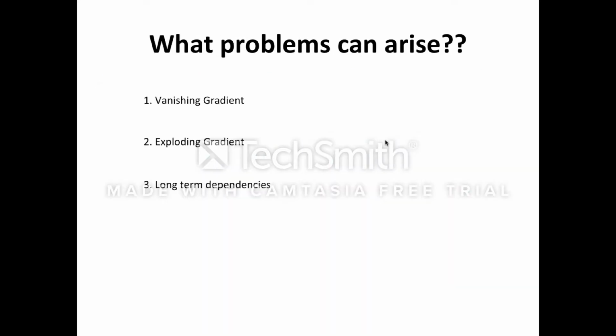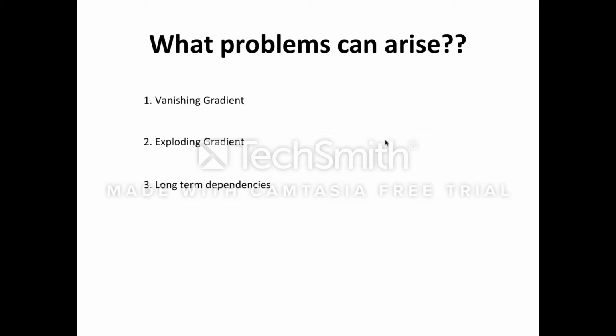There are three major issues which every neural network faces. The first issue is called vanishing gradient, and it is a difficulty found in training certain artificial neural networks with gradient-based methods such as backpropagation. In particular, this problem makes it really hard to learn and tune the parameters of the earlier layers of the network, and this problem becomes worse as the number of layers in the architecture increases.